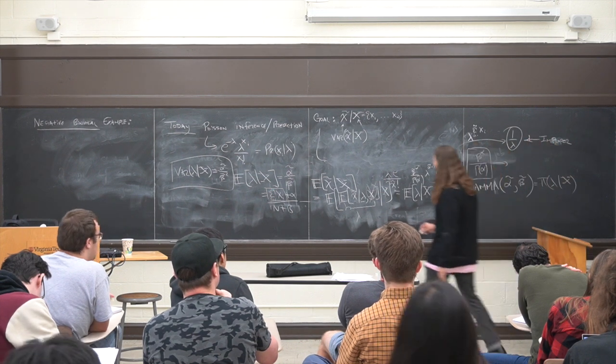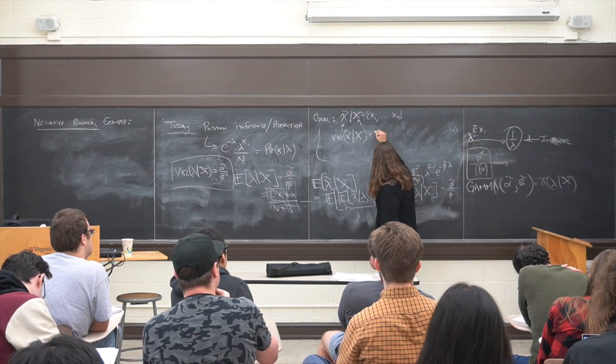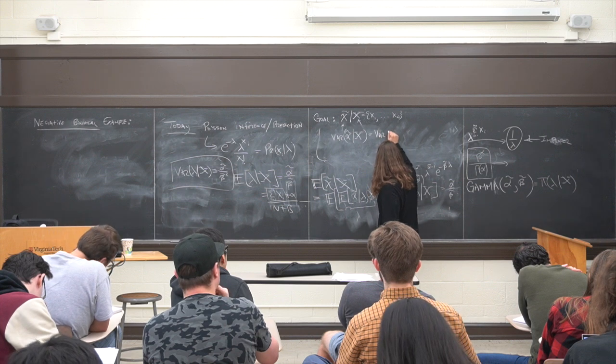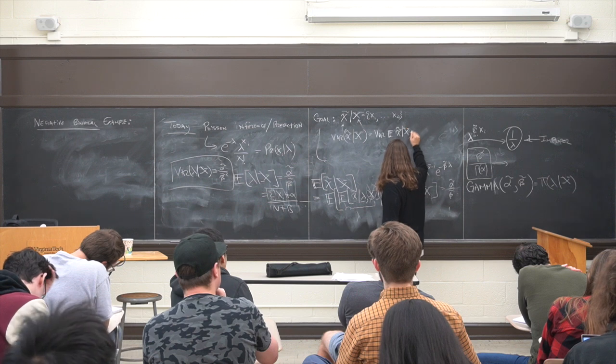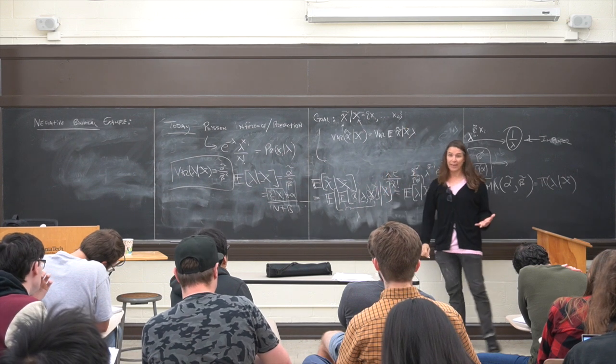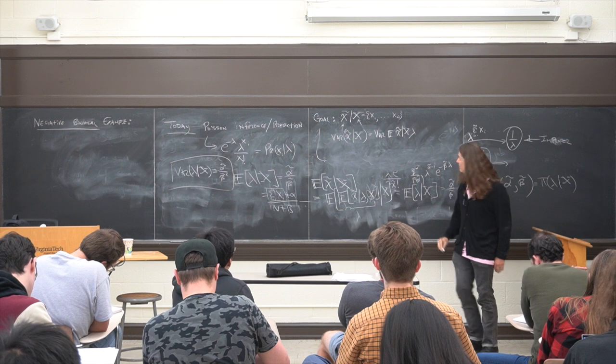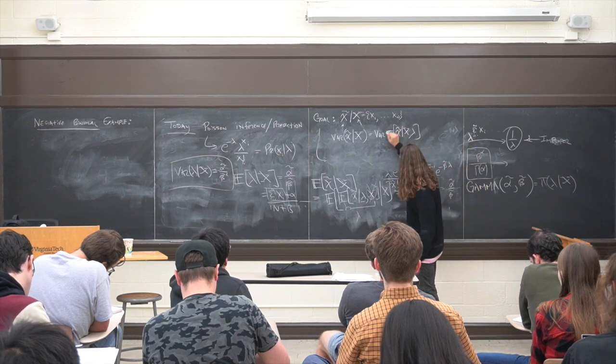It's negative binomial. So this is equal to the variance of the expectation of x tilde given x. I'm going to condition on lambda. It's the only thing out there that I haven't conditioned on, so that's what we condition on. It gives us information.